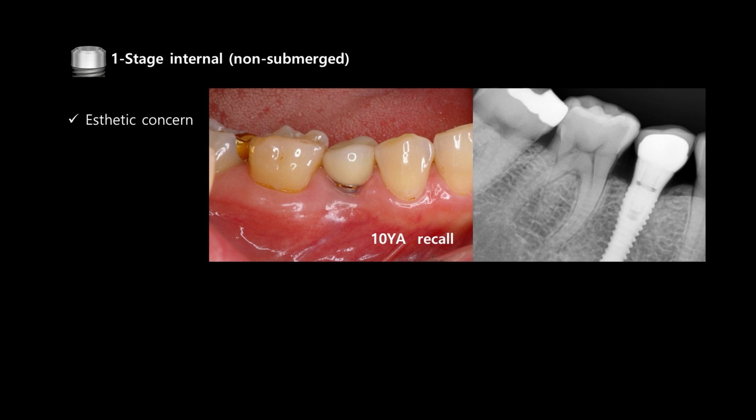So over time, as you can see in this case, it was done in 2005. SS3 implant was placed, and 10 years later, the abutment and collar is exposed a little bit. As you can see, 2.8 high collar was chosen, and over a long period of time, it can make aesthetic problem, and that should be considered.